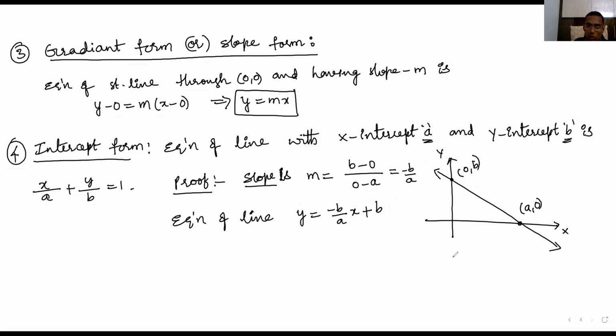Or you can write it like this also: you can take 1 point. 2 points are there, but 1 point is enough. A point and slope is required. So y minus y1 equal to m, m is this slope, minus b by a, into x minus x1. X minus x1 is this 0. So like this you get.